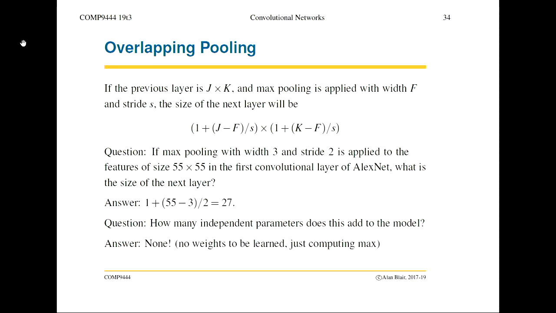So then just a couple of questions about overlapping pooling. If the previous layer is size j by k, and max pooling is applied with width f and stride s, the size of the next layer is what?